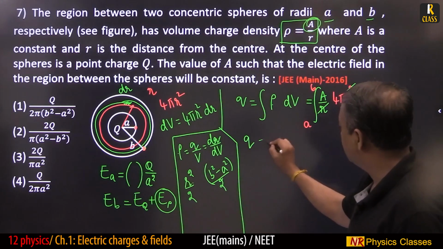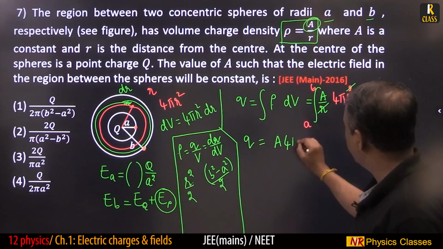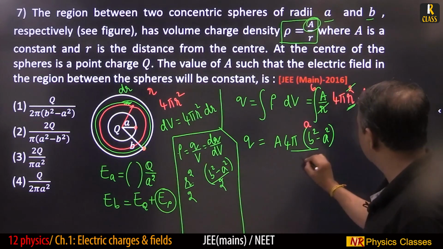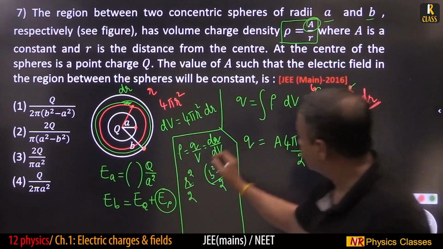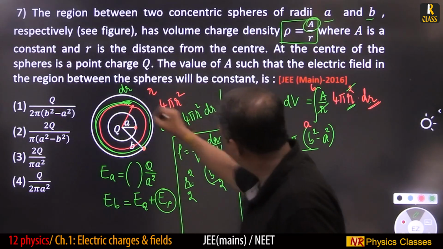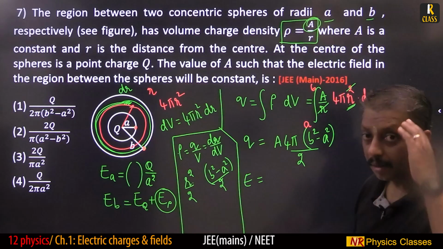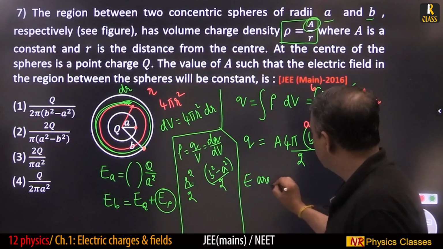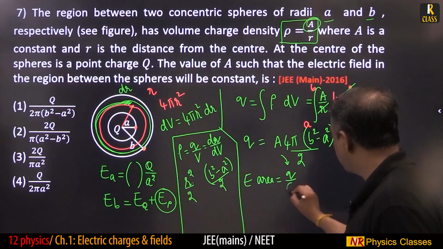So charge equals, after integration, a 4 pi times b square minus a square by 2. This is the charge within this sphere. Because of this charge, the corresponding electric field, recall the application of Gauss theorem: electric field into area equals charge by epsilon naught.